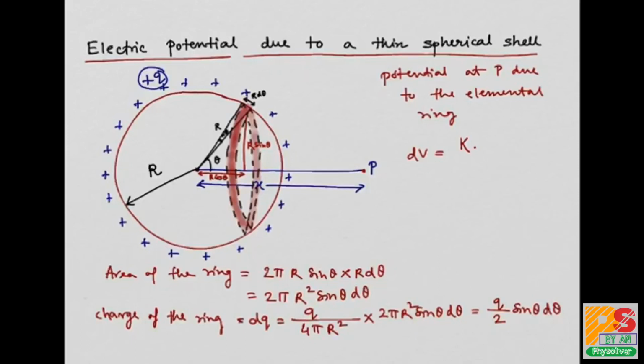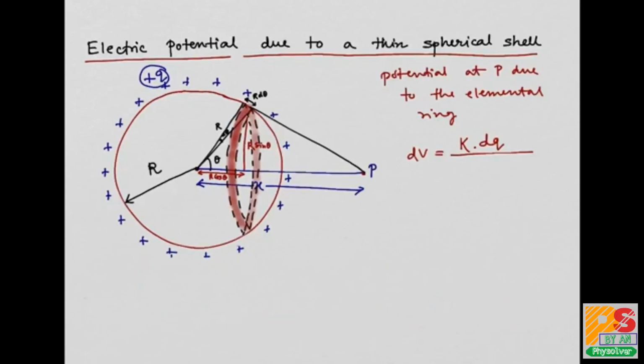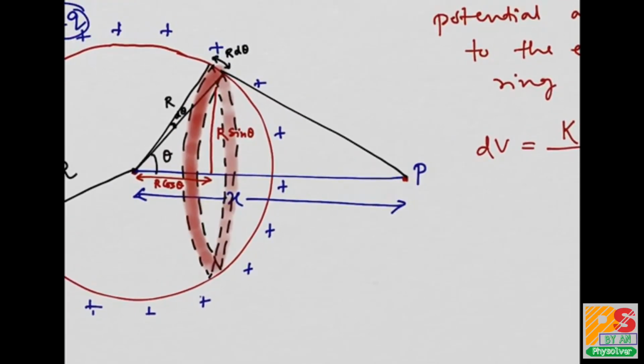Now the potential will be dv equals k into the charge on that elemental ring divided by the distance. Now the distance is this, see, this is the distance. Let's find its value. Look at this triangle.